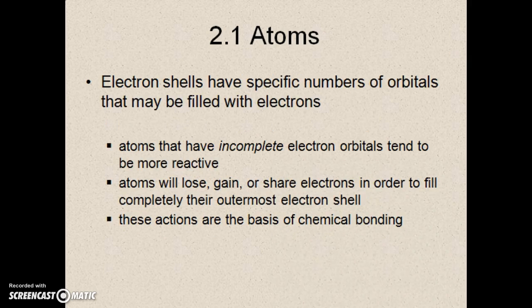The reason that electrons and electron shells are so important for an atom is because the more incomplete an electron shell is in a particular atom, the more likely it is that that atom is going to be reactive. And when I say reactive, I mean the ability that that atom has to bond with another atom, ergo forming a molecule.